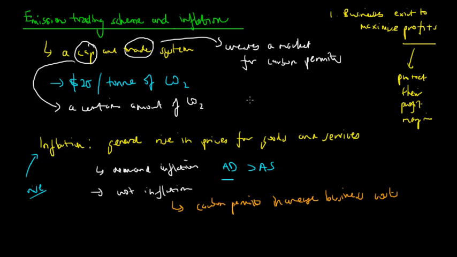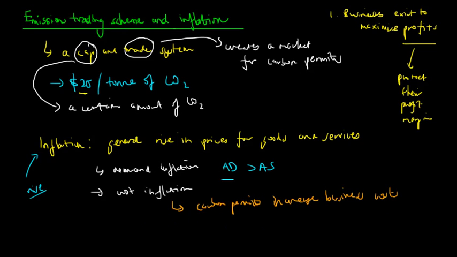So instead of decreasing their profit levels, as the government imposes this $25 per ton of carbon permits, they would add the cost of these carbon permits onto their final price.